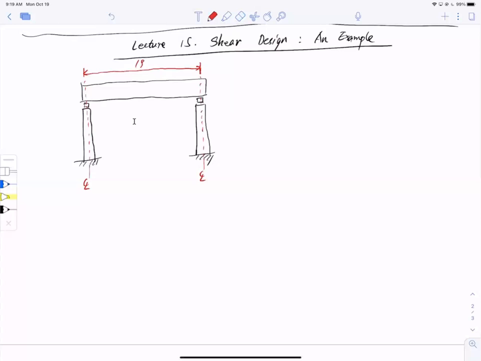Now the distance of a clear span inside the walls is 18 feet. And the column size, you probably guessed it by now, is 12 inches, 1 foot.